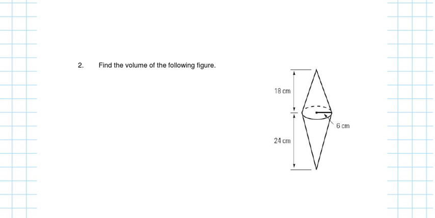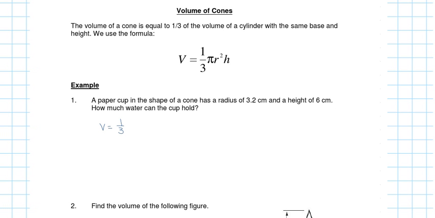So, the volume here is 1/3 pi r squared h. I know the radius and I know the height, so that's going to be pi times 3.2 squared times 6 divided by 3. 64.34 centimeter cube.